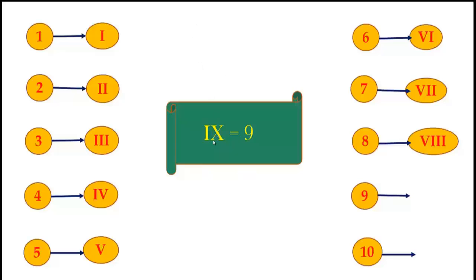A smaller value written before the greater value means it has to be subtracted. So 10 minus 1, which is equal to 9. So 9 is written as IX. And then finally 10. We have the value of 10 directly in the Roman number system, which is X. So 10 is written as X.